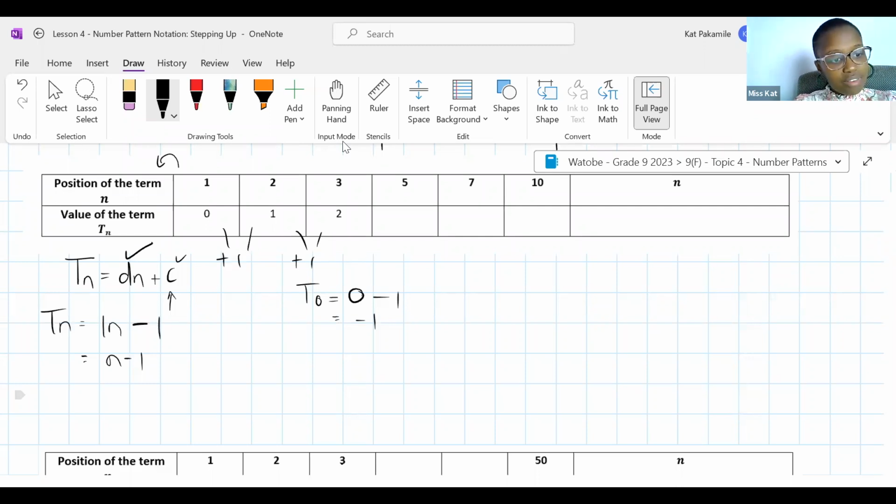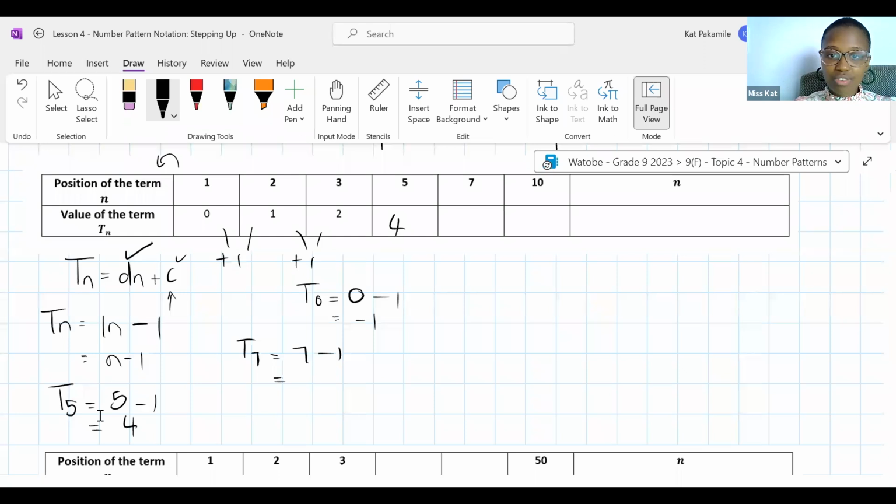T5 is equal to n minus 1. Remember, we made n the term, which is 5. 5 minus 1 is 4. Beautiful. And then T7 equals 7 minus 1.